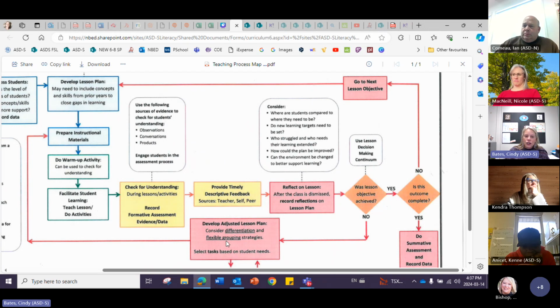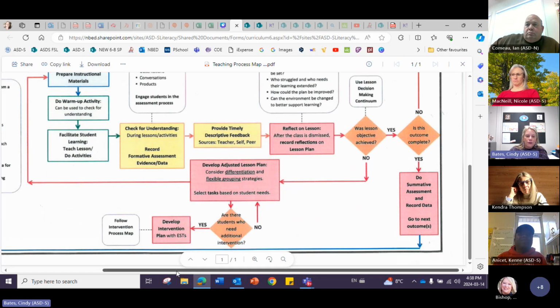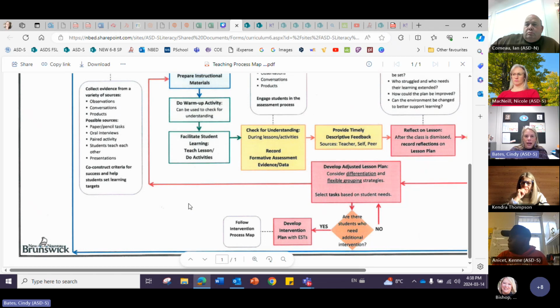We're going to look at some differentiation, maybe some flexible grouping. If the answer is yes, we're going to move on. Outcome complete, excellent. Then you move on to the next objective within that unit. And if yes, you'll do a summative. So this is a really great one to follow. Again, we'll send you a copy of this and the link.